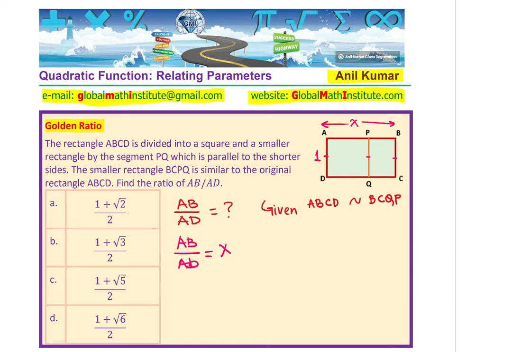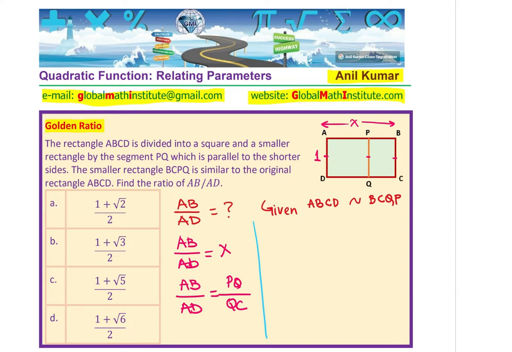So we can write AB over AD as equal to the longer side of the similar rectangle PQBC, which is PQ, over the shorter side, which is QC, or you can write PB. So that gives you the relation between the similar rectangles.